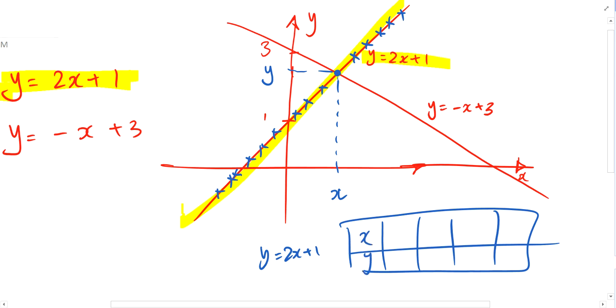For x and y, we start off with -3, -2, -1, 0, and so on and so forth. But we are unable to realistically plot out every single point in the world, right? That's why we join it with a straight line, or join it with a smooth curve. In this case, it is a straight line. So if I have only a few points.